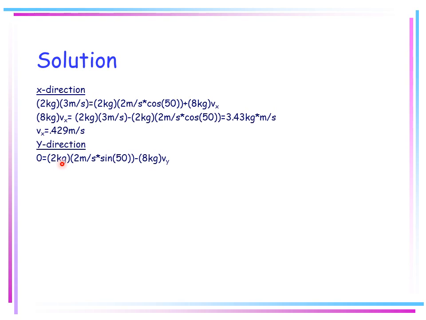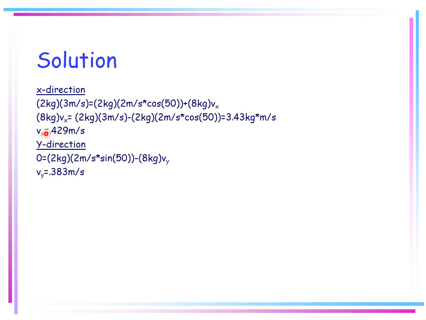Afterwards, we've got the 2 kilogram ball times its 2 meters per second times the sine of 50. That is the vertical part of its velocity. We're subtracting from that the 8 kilograms times Vy, because that momentum, and you can see in the diagram, is down. So we can solve for Vy as being 0.383 meters per second.